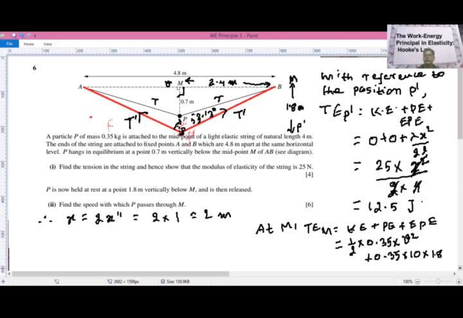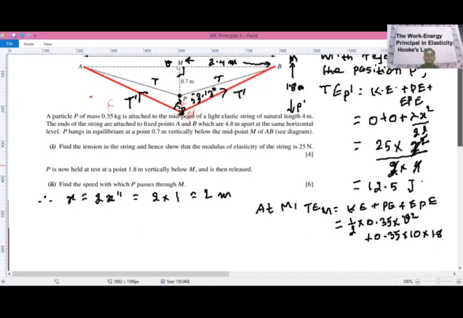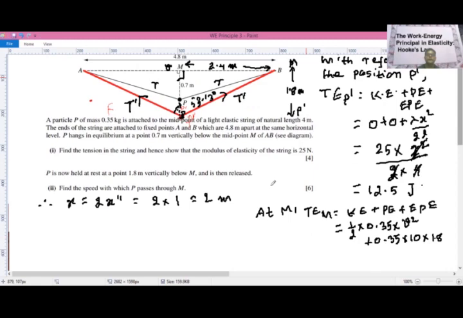And what about the elastic potential energy at this point? You can see what will be the extension in the string. The string has original length only 4 meter, but it has been tied from A to B, which is in fact 4.8 meter. That means there is an extension of 0.8 meter. You don't need to calculate it extra because it is obvious from the figure.